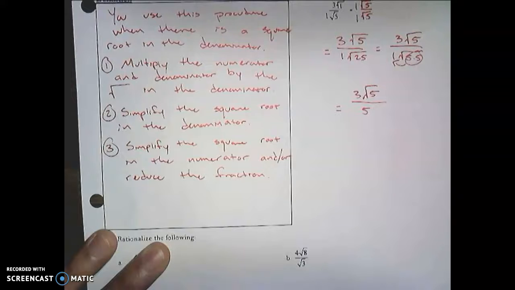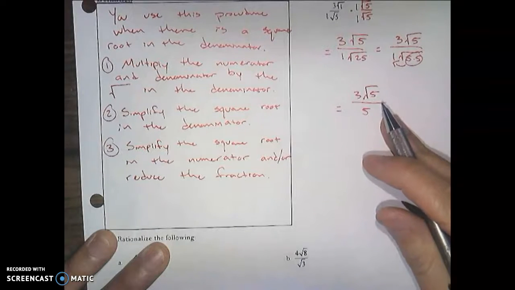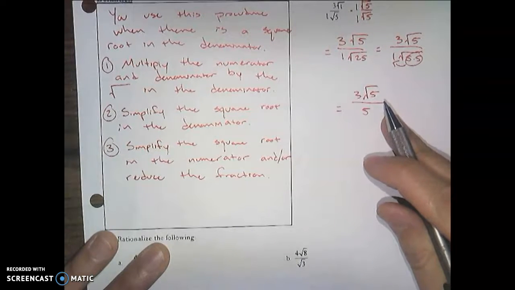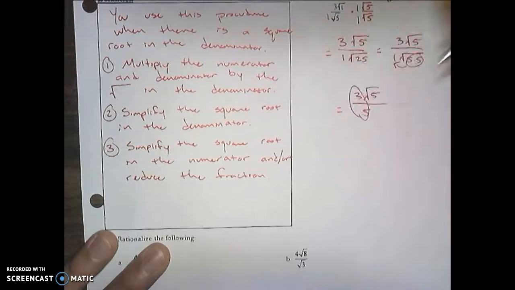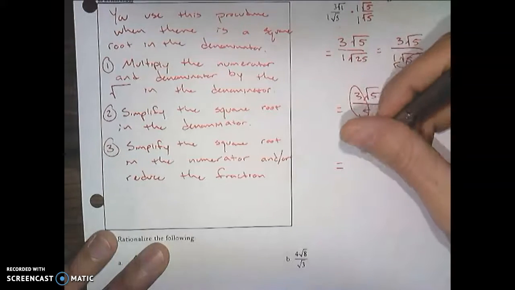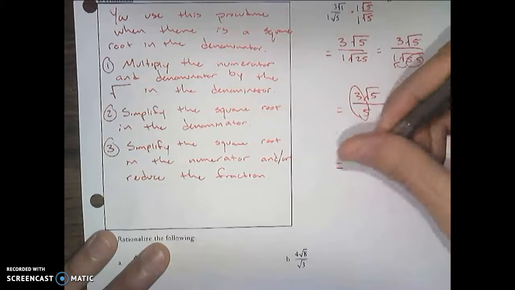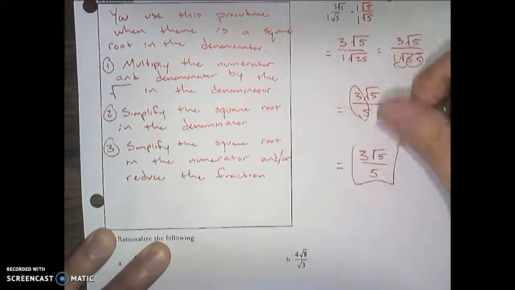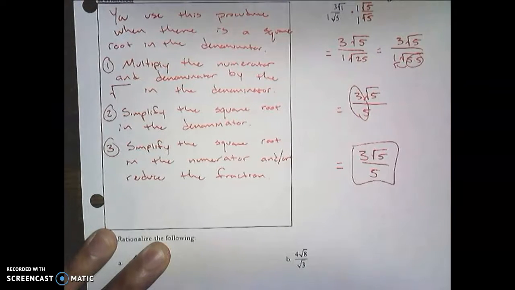So looking at our example here, can we simplify the square root of 5? No. Can we reduce the fraction? So the fraction here, 3 over 5, can we reduce that? In this case, no, we cannot. So our final answer is 3 root 5 over 5. So there's no reducing or simplifying in this example, but we'll see a few examples where there is.